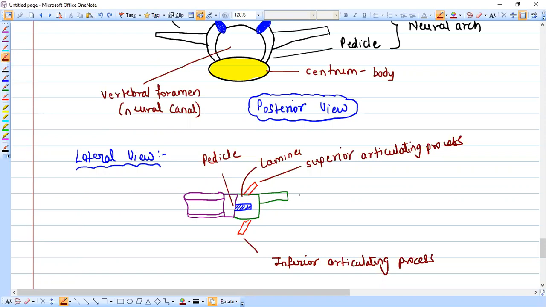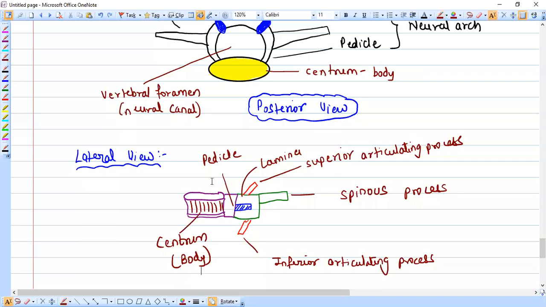Then we take out the next one. This is spinous process. This is the general structure where all the vertebrae will show these structures. This part, what you can see here, is nothing but the centrum. So centrum is regarded as the body of any vertebral bone. So this all becomes the basic plan of the vertebral bone.